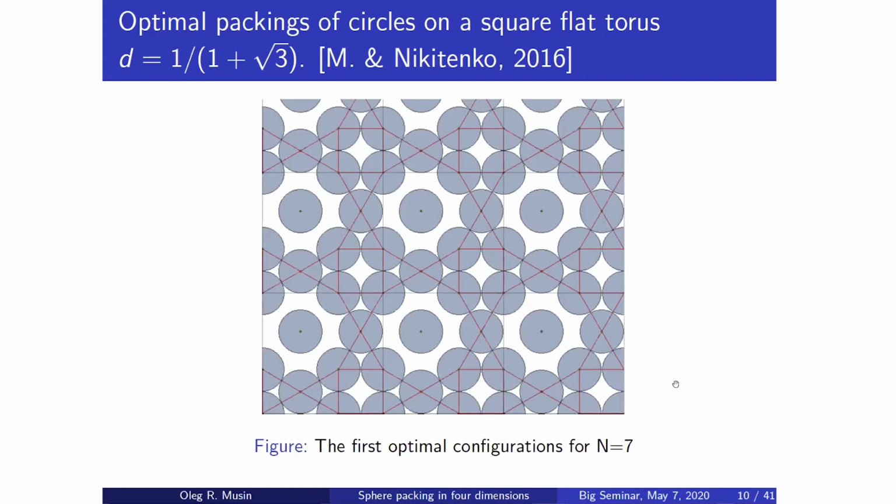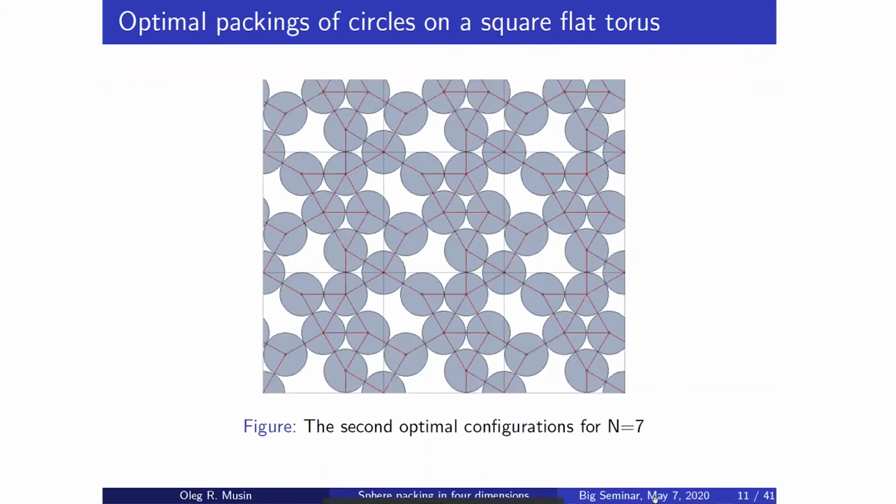And what we obtained is that for n equals 7, there are 3 optimal packings, not just 1, just 3. It never happened in the spherical case in the Tammes problem, but it happened here. Moreover, we have an isolated circle also. We can see this example, right? One of them is isolated, and we have 2 other packings.